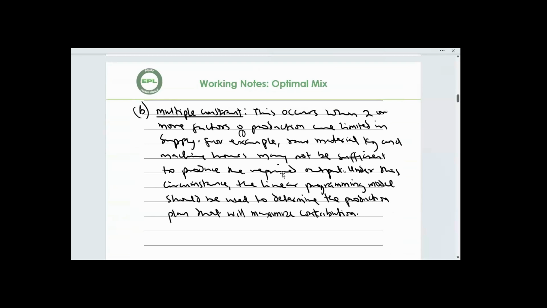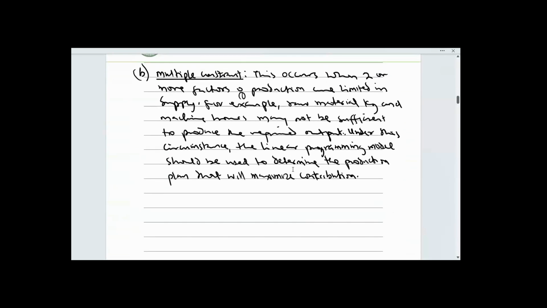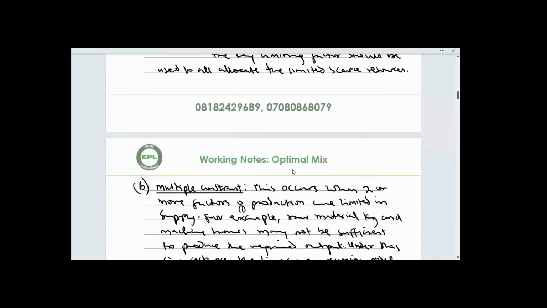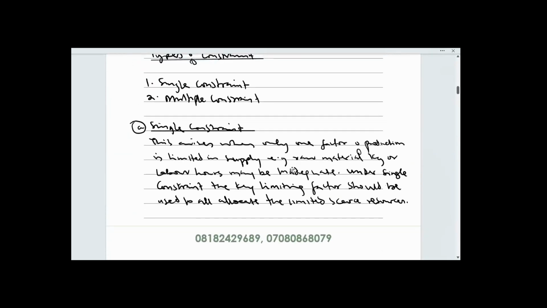Under this, the linear programming model will be used. So our focus will be on the single constraints where you have a key limiting factor. That's our focus under optimal product mix.